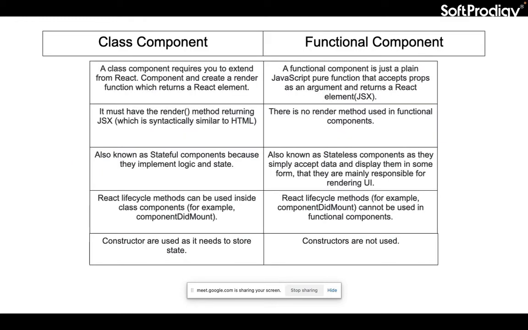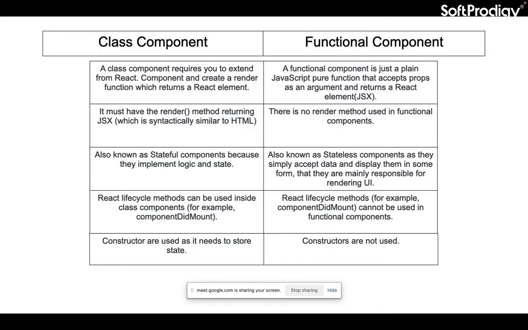We'll discuss the differences between class components and functional components. A class component requires you to extend from React.Component, and components are created with a render function which returns a React element.